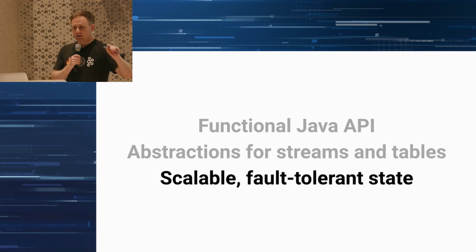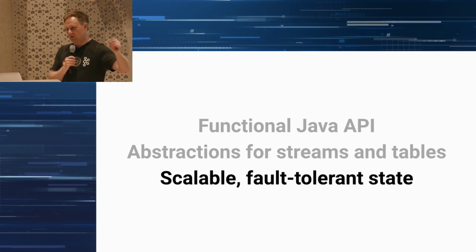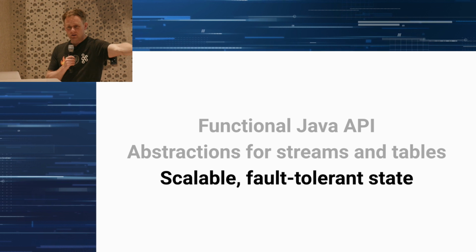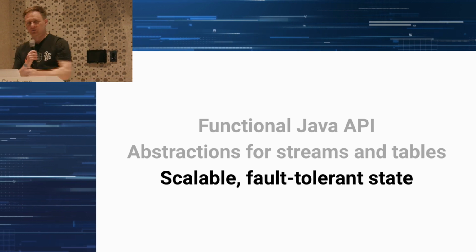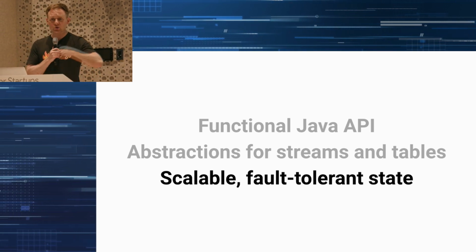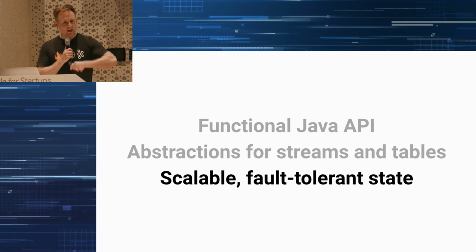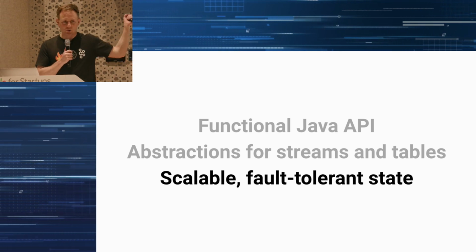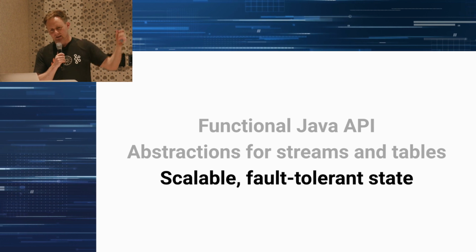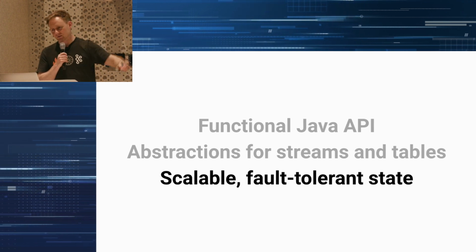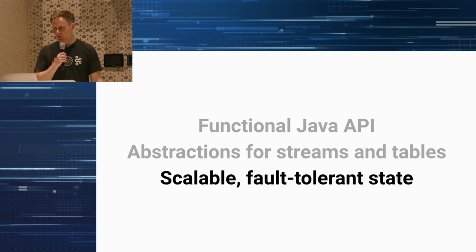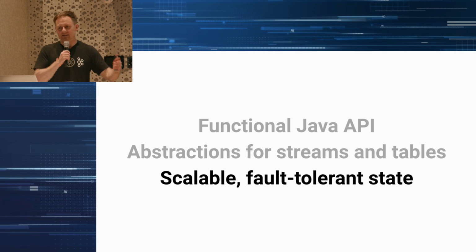The state that had been associated with those partitions on their former instance will move over. If I lose a node, that state will have been persisted into a special internal topic in Kafka, and when that gets rebalanced, reassigned to another instance, I get that state back.